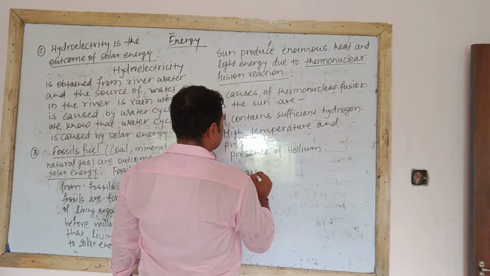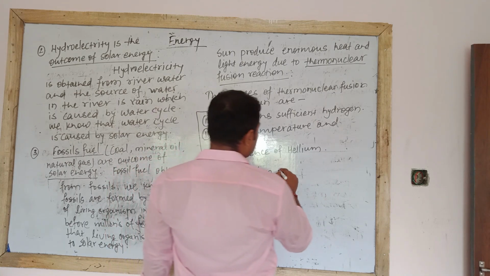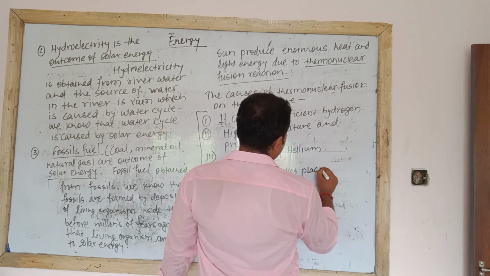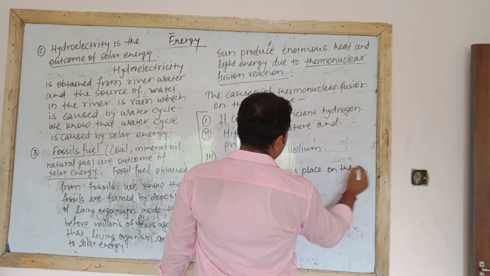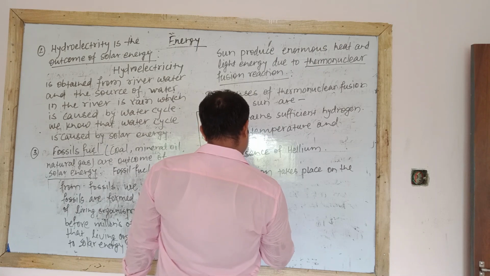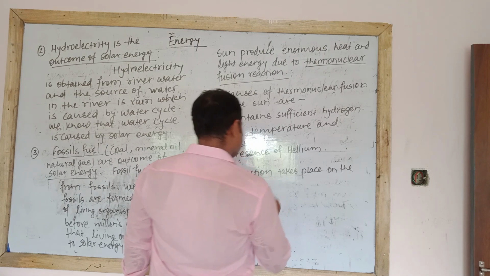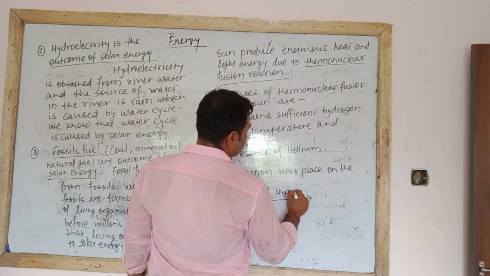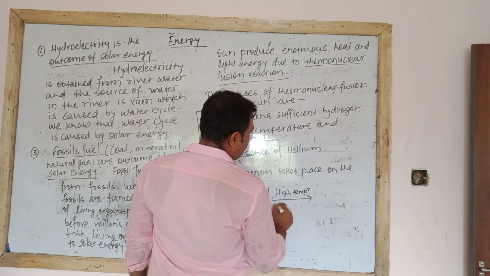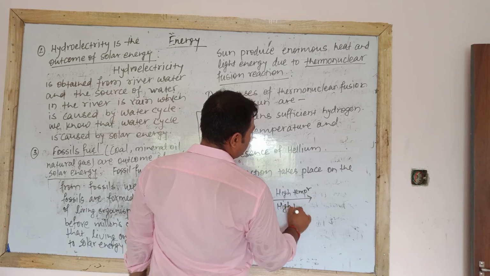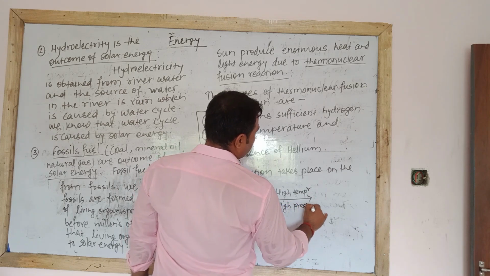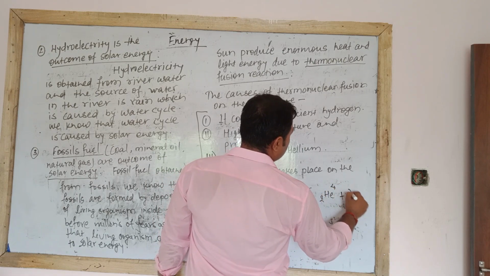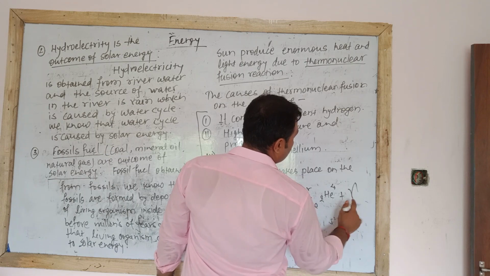The thermonuclear reaction takes place on the sun. Four hydrogen atoms combine, fuse due to high temperature, high pressure, and give helium and energy.